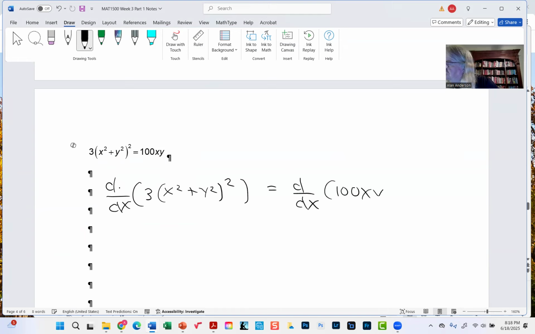Okay. So now for the one on the left, we're going to need the chain rule in a couple of different ways. So we're going to apply the chain rule as follows.